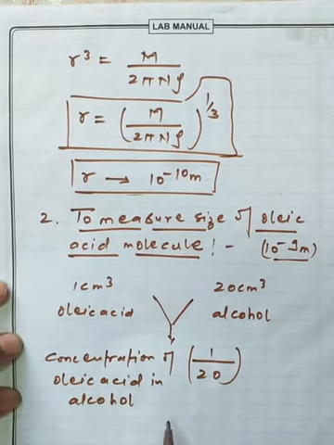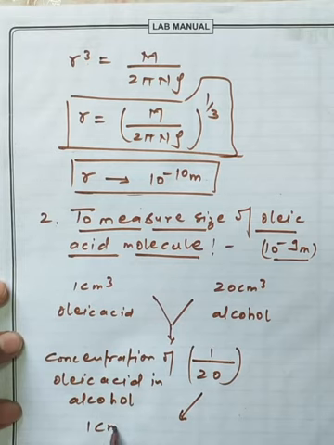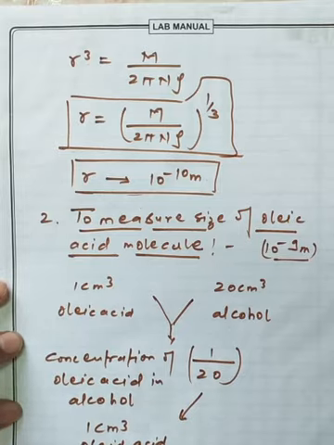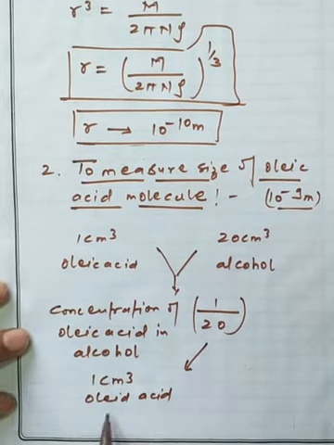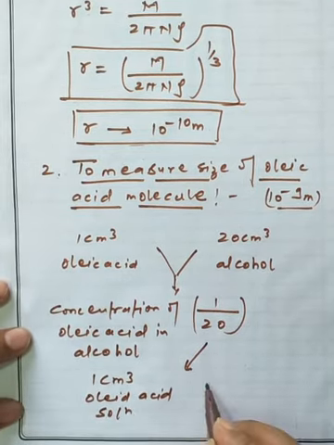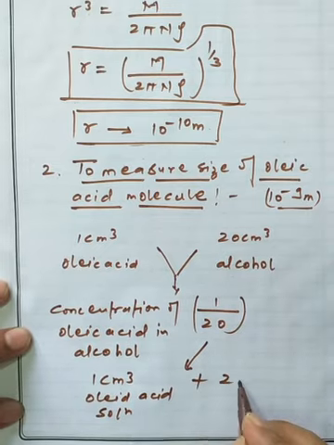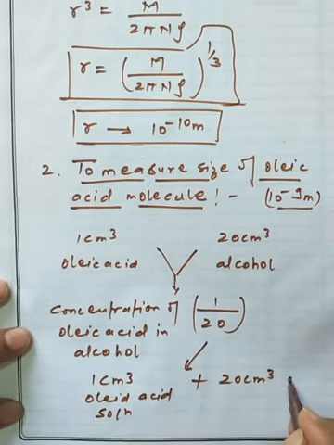Further, we take 1 centimeter cube of this oleic acid solution and merge it with 20 centimeter cube of alcohol.